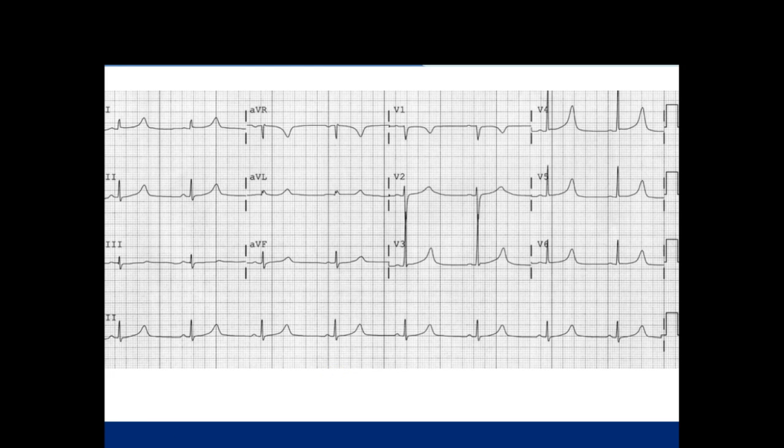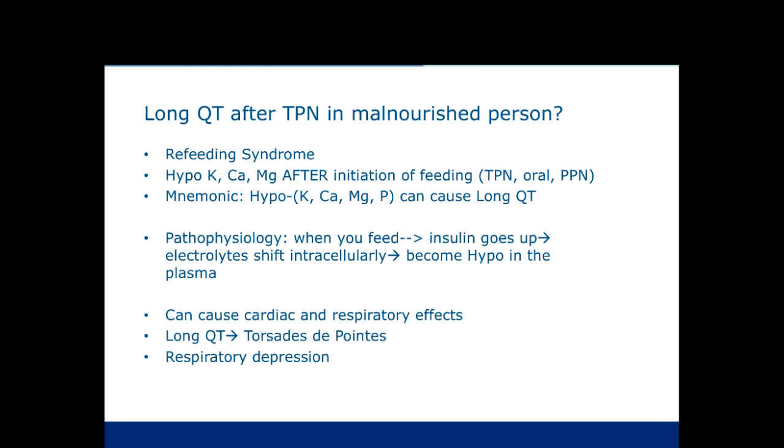Somebody who's homeless, who's malnourished and started on TPN. The one thing about TPN that you see on the exams is when they're testing you on refeeding syndrome. So refeeding syndrome is seen in malnourished people, people who are in refugee camps or who suddenly have access to food, or some people who've been starving for a long time and all of a sudden they have access to food.